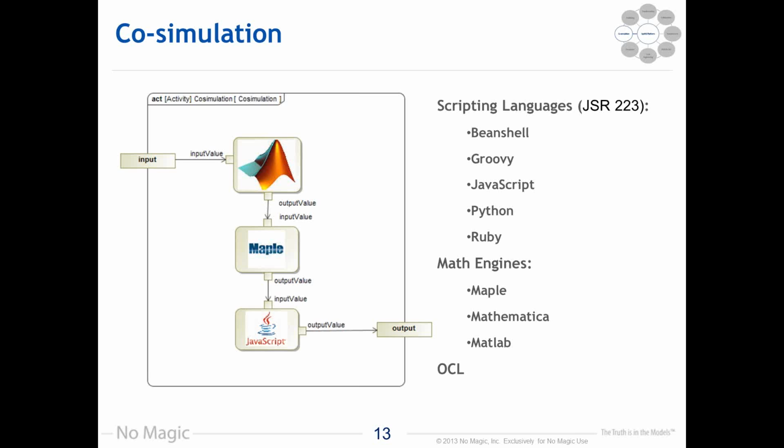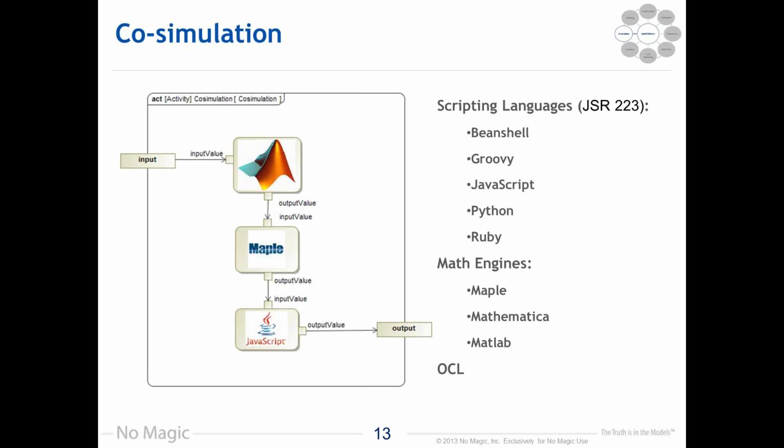So we can add some values into execution. We can put these values into a MATLAB function as inputs, then perform this function, get results in our activity diagram and SysML model, then pass these results to another tool like Maple, or just perform some JavaScript with these operations, and then output to another tool, and output as the result of the activity.